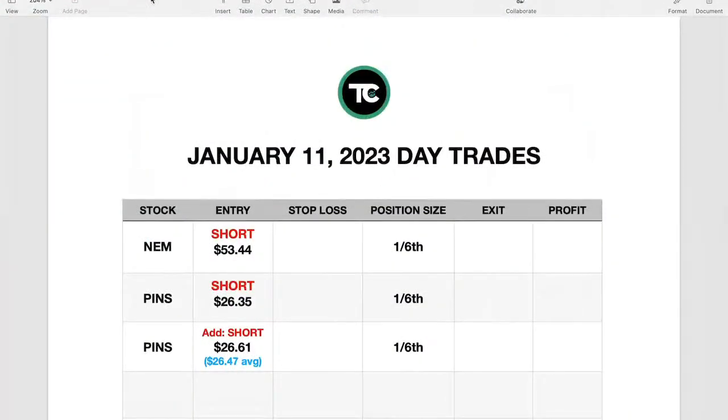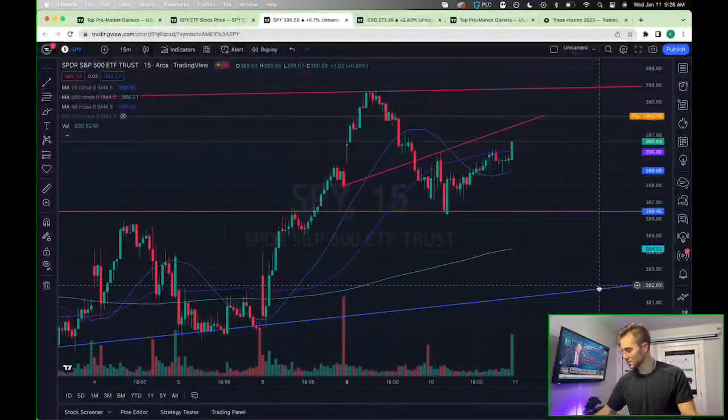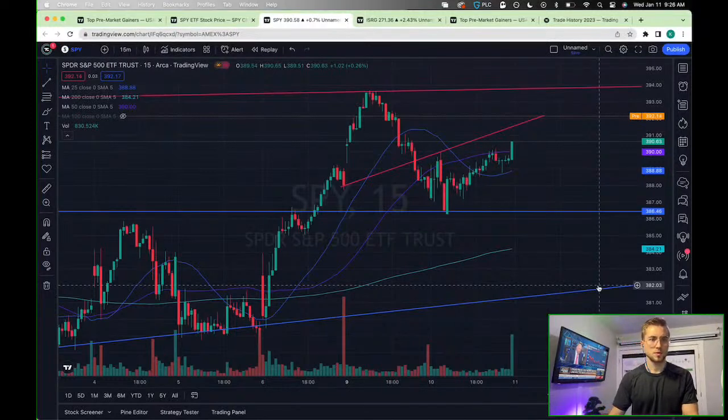SPY's still pushing new highs. I am short UAL at 46.14. And this one I'm not afraid to hold overnight. Pins is still pushing.